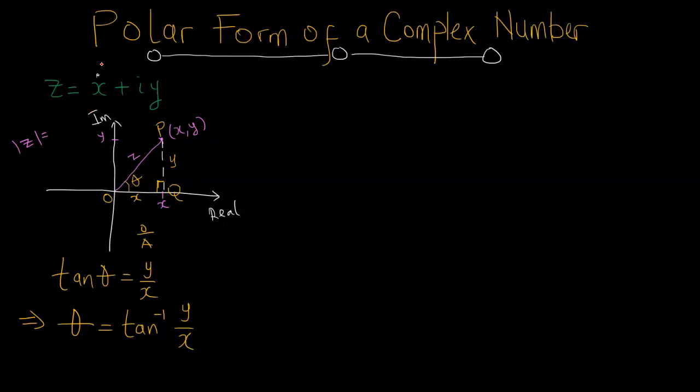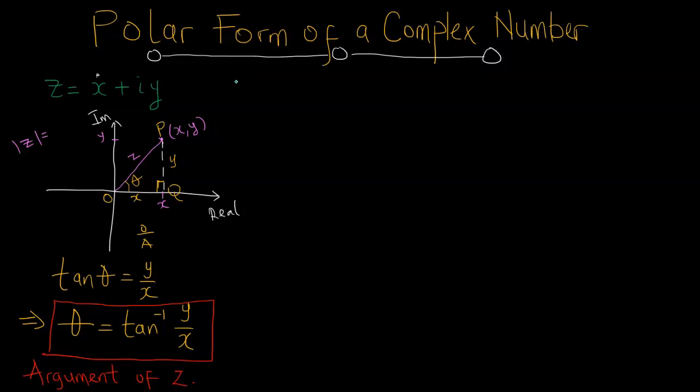So if a complex number is represented by z equals x plus iy, the angle it makes with the x-axis is the inverse tan of y over x. This angle here is called the argument of a complex number. Similarly, since we are dealing with a right triangle here, I can also apply the Pythagorean theorem.